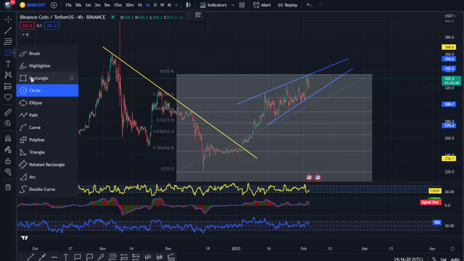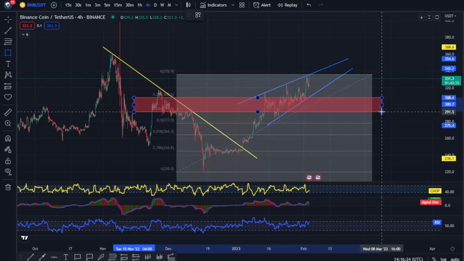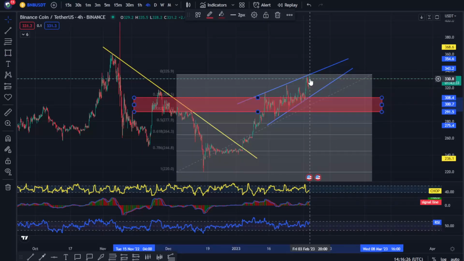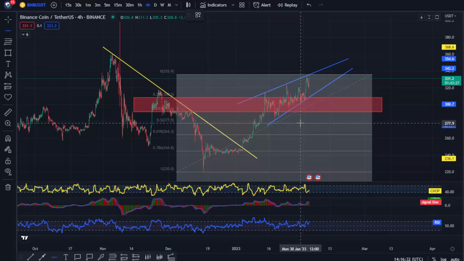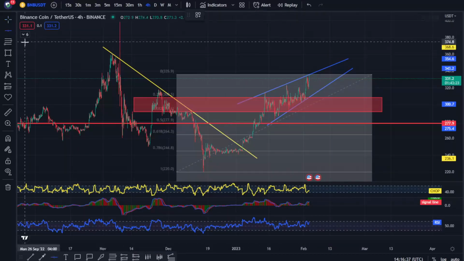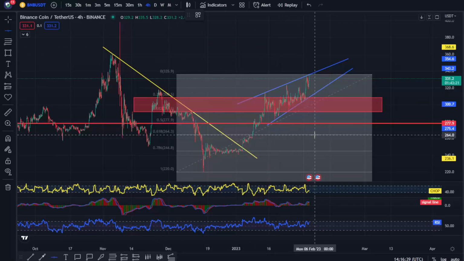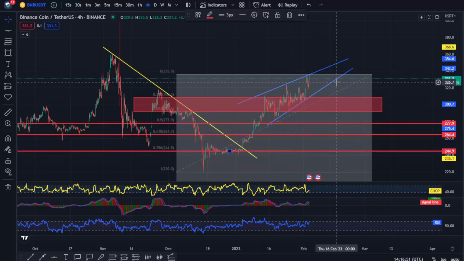Let's start by marking the support spots for the price, and we see that we first have a support zone from $308 to $292. But if the price goes lower, we have another support at $278. Then at $264 and another support at $245.